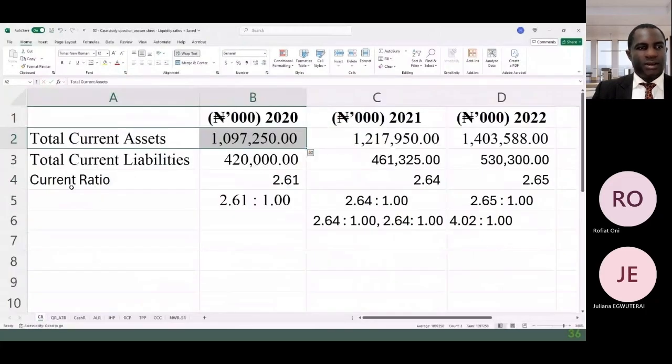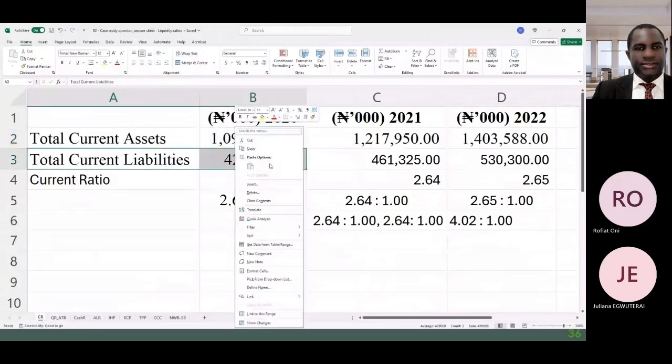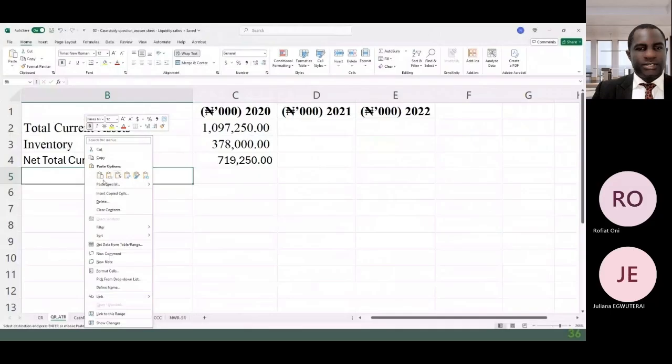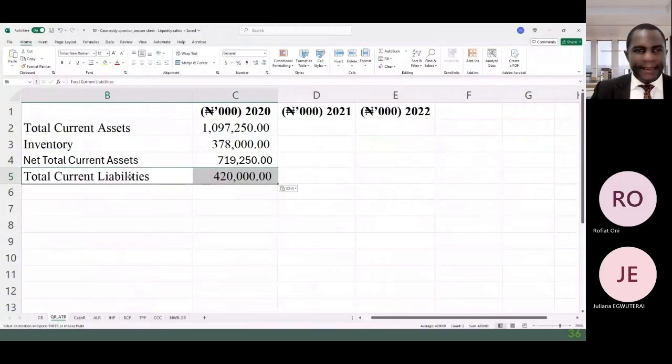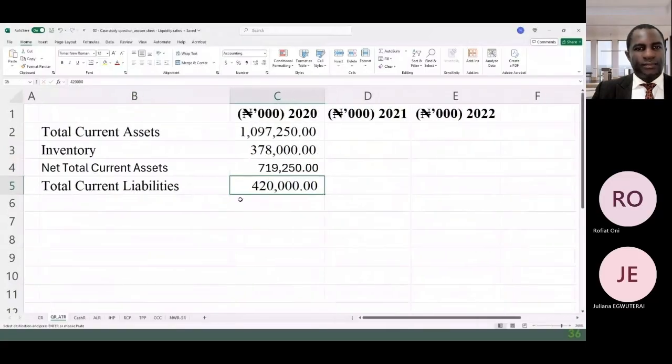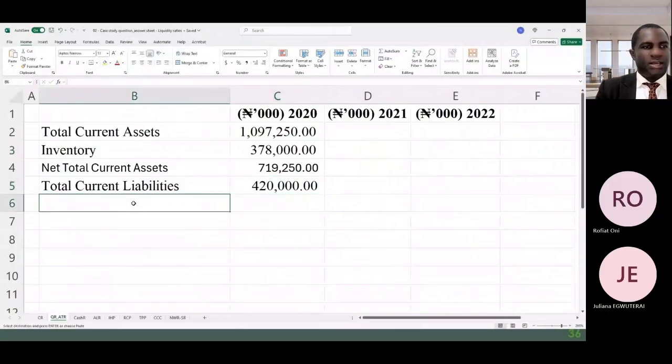So I'll just go pick our current liabilities here to be faster. And I have 420 as the total current liability. Okay, so what is our acid test ratio or quick asset ratio?